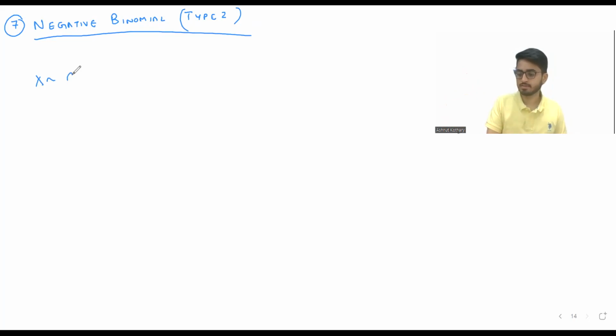The way to write it is x follows NBIN type 2, again with parameters k, comma p. And here I can define x to be the number of failures before the kth success.